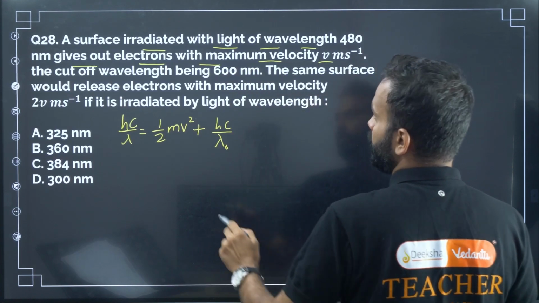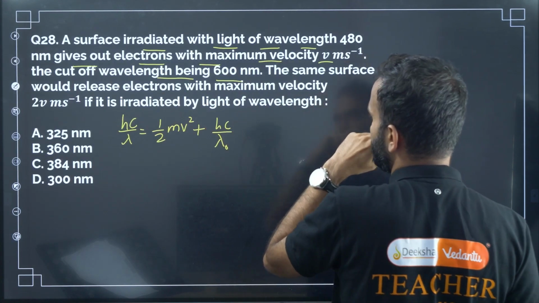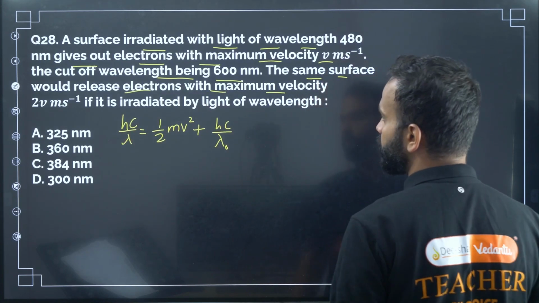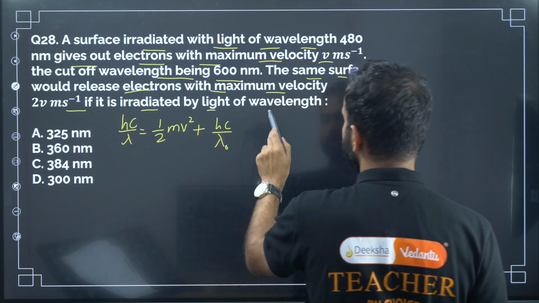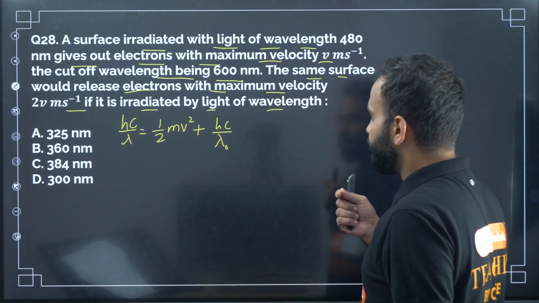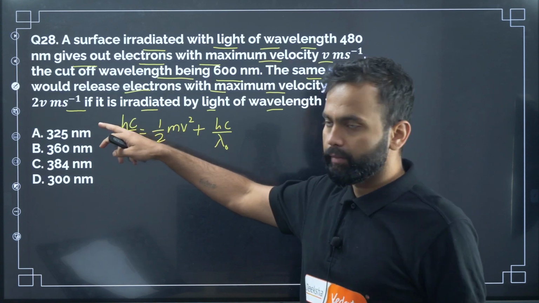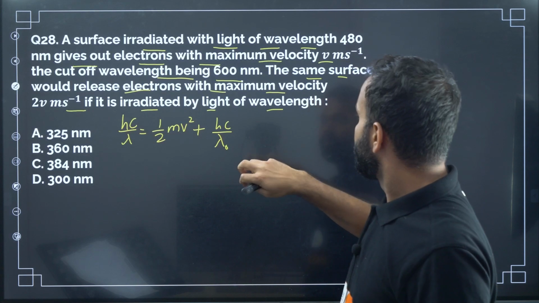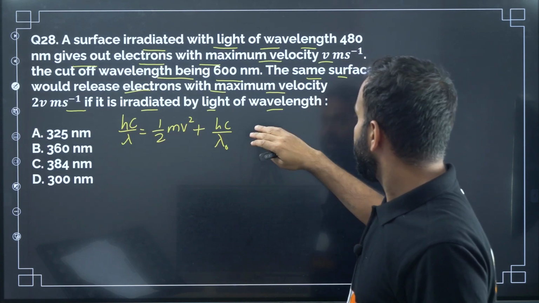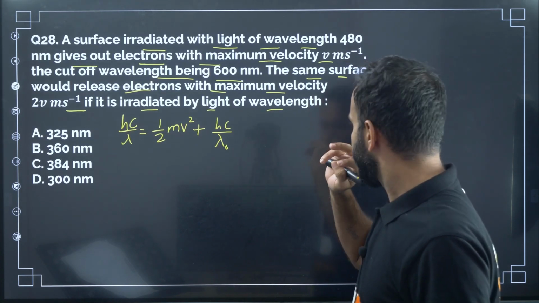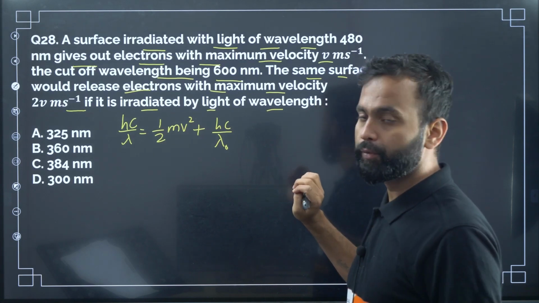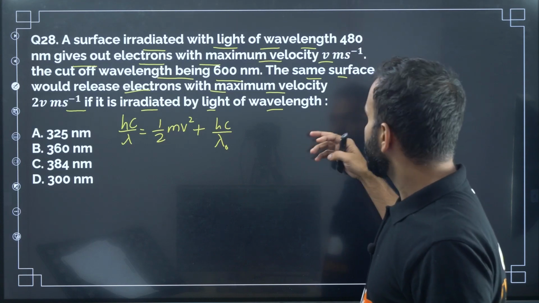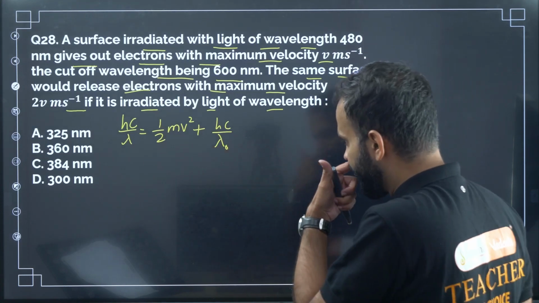The cutoff wavelength being 600 nanometer, the same surface would release electrons with maximum velocity 2v meter per second if it is irradiated by the light of wavelength. We need to find the wavelength of the light so that its maximum velocity becomes 2v meter per second.